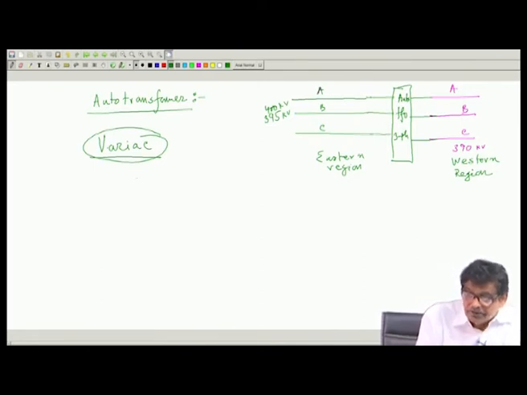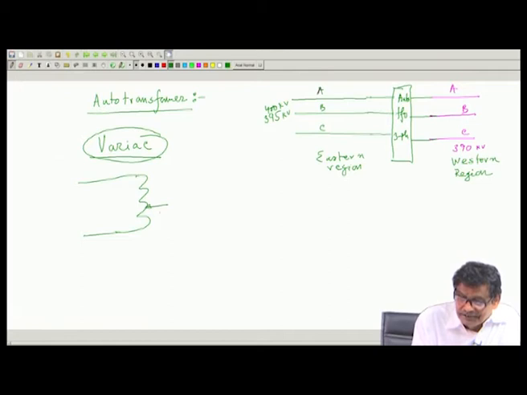It is drawn like this, and this tapping point you can move and adjust to anywhere you like, and you can supply your load at various levels of voltage. Suppose there is 220 volt, and you want to do some experiments to find out the characteristics of the load, starting from 0 voltage up to 220 volt.